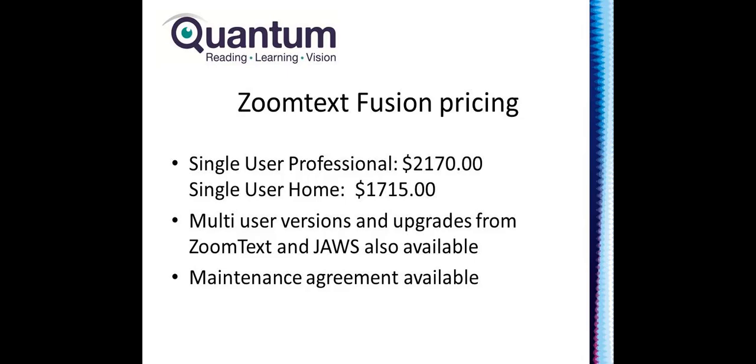If you've got a ZoomText and a JAWS, but they're older licenses, you can convert to a Fusion license, so you've just got the one number to remember. For the single user professional price, it's 2,170, and for the single user home it's 1,715. So it's not that much more than just a JAWS license. There is also a maintenance agreement option, which gets the next 2 upgrades.